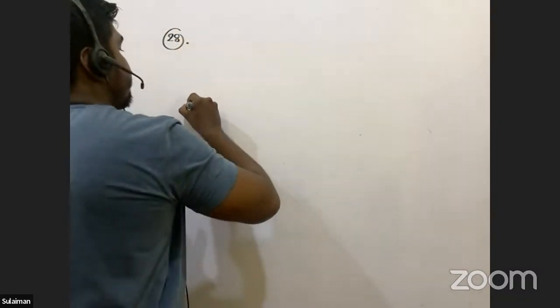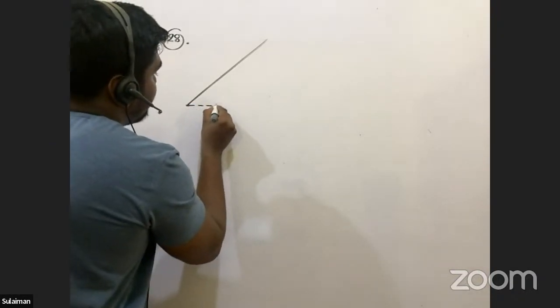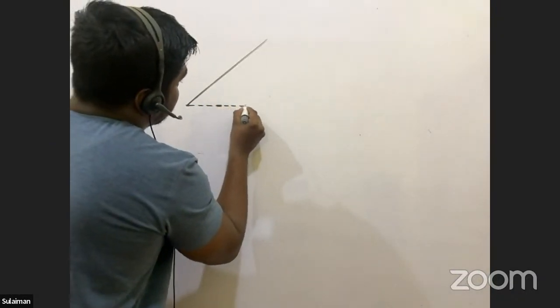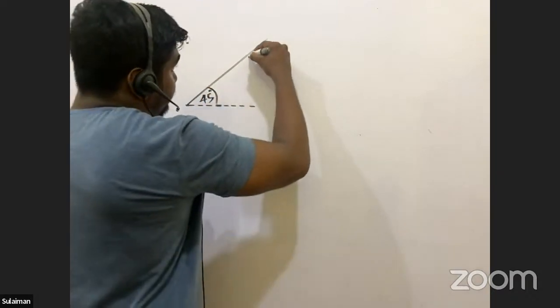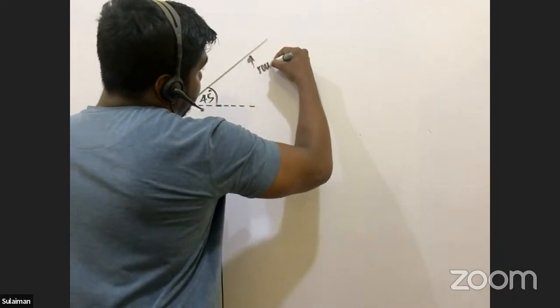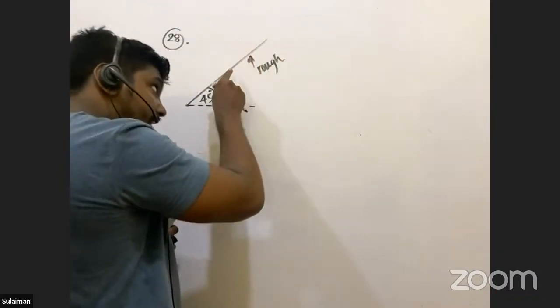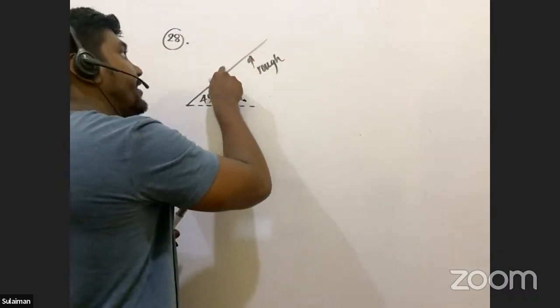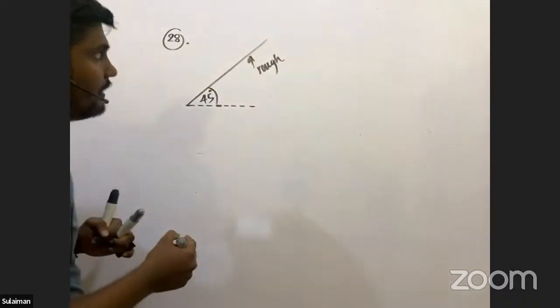Now here, inclination of this plane to the horizontal is how much? 45 degrees. One plane is rough, other plane is very smooth. If it is a rough plane, there are friction forces acting on the object. If the plane is smooth, there are no friction forces.